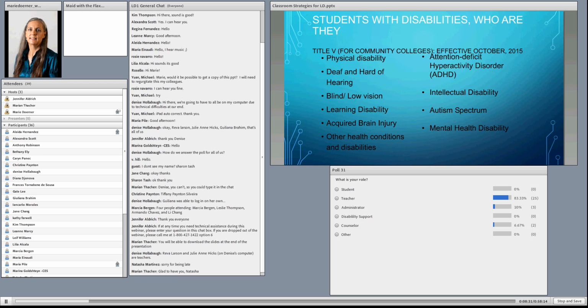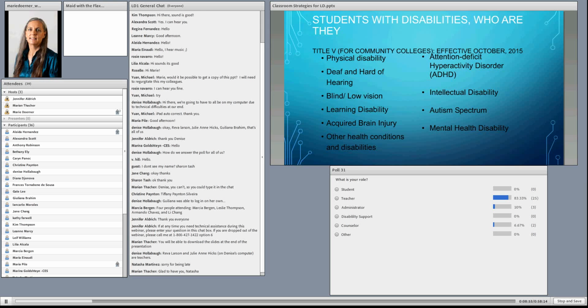Autism spectrum, and there's a lot of material in the news about the flood of newly diagnosed people with autism and how many different people we have. And then the last one is mental health disabilities. We had mental health disabilities before, but I think it was called psychological disabilities.